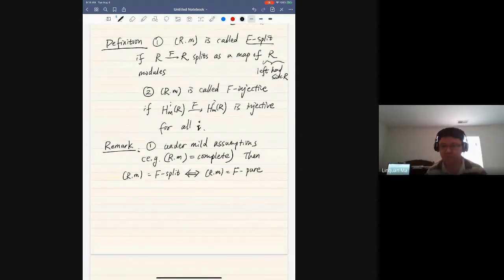But I'm not going to define F-pure in this talk, because F-split is really the property that I'm going to use. And all the questions that I'm interested in will easily pass to the completion. So I don't really have to distinguish these two.